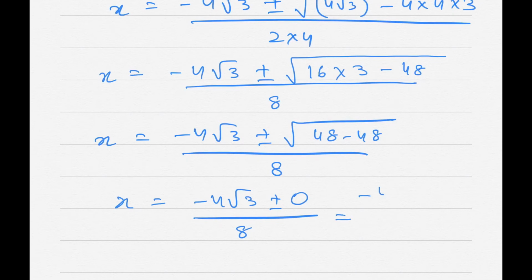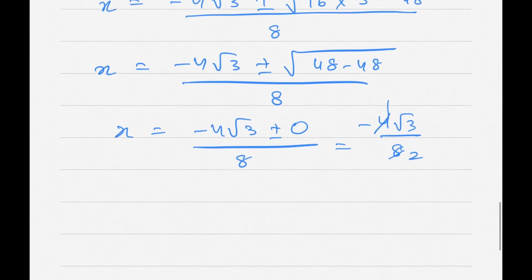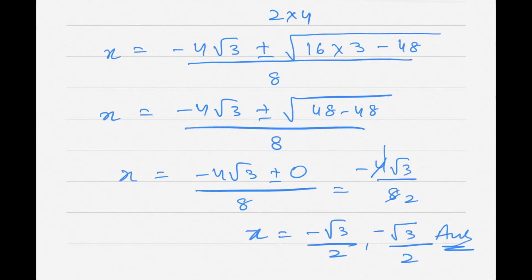So my answer will be minus 4 root 3 by 8, which is x equal to minus root 3 by 2. Both roots are equal, minus root 3 by 2 and minus root 3 by 2. So this equation has two roots which are the same, or equal.